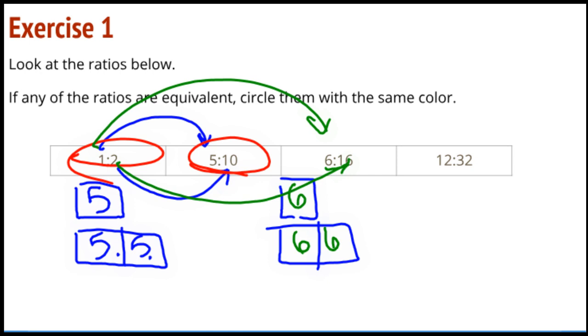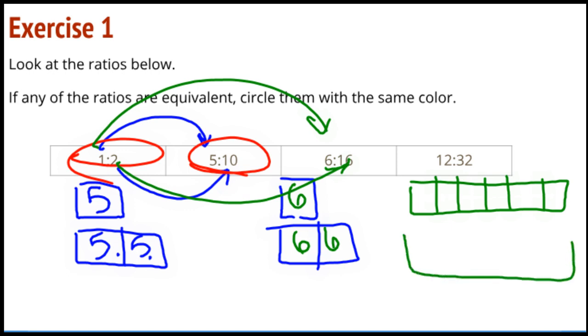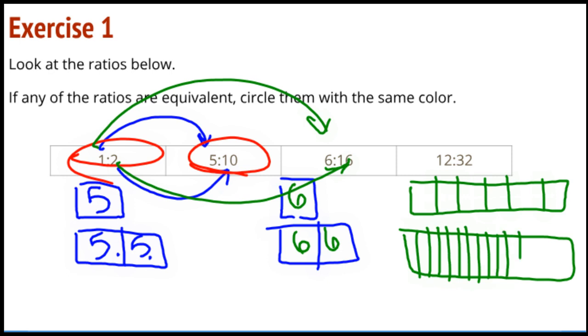I could step over here and take a look at the 6 to 16 and the 12 to 32. And that's a lot of tape diagramming. 1, 2, 3, 4, 5, and 16. Oof, gonna make a lot of little pieces here. 1, 2, 3, up to 15. Okay, 16 pieces. The c value to go from 6 to 12 would be 2.